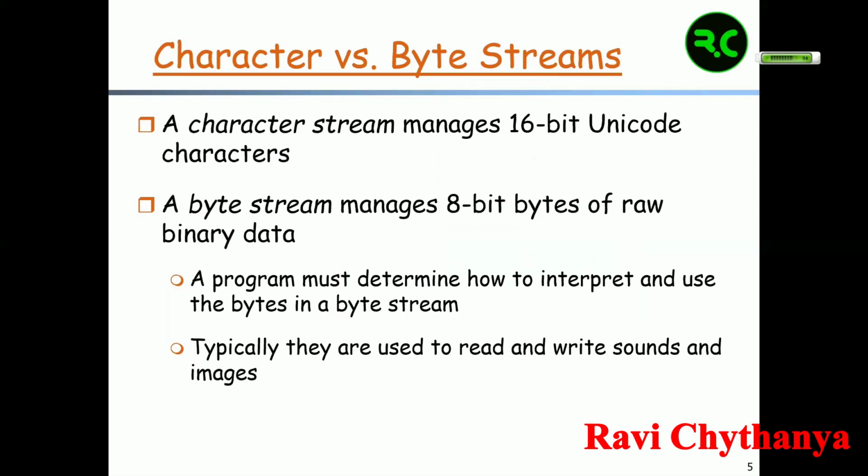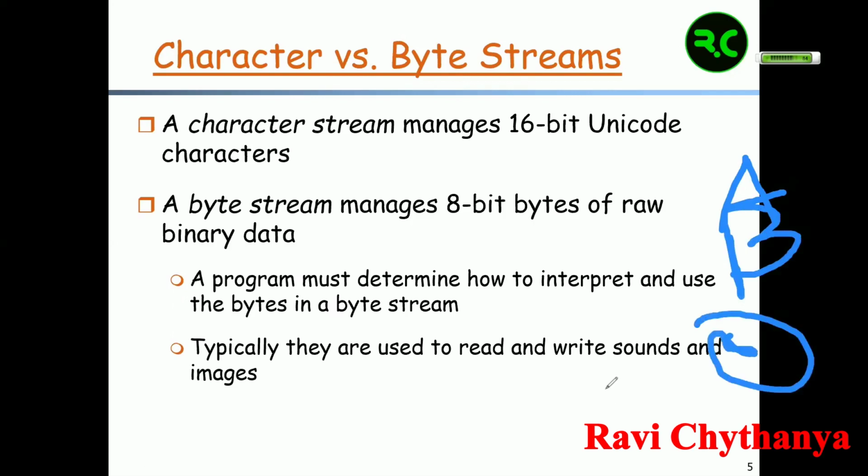A character stream manages 16-bit Unicode characters. It may be A, B, a special character, or anything I can have, which I would like to place into my file or my specified stream. A byte stream is going to manage 8-bit bytes of raw binary data.